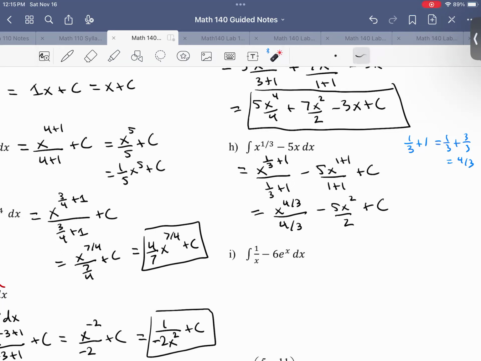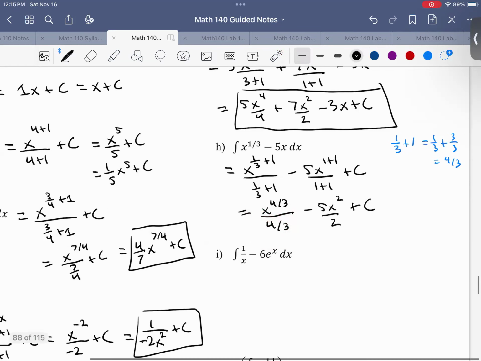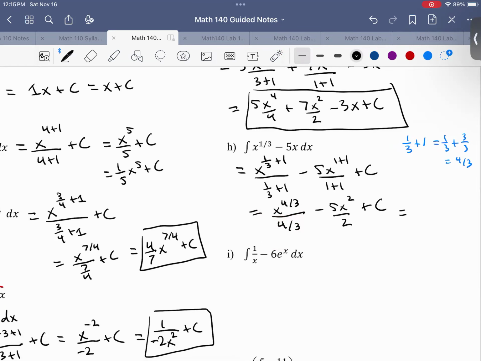Okay, so if we could clean this up, the 4/3 reciprocates up, it flips. So this becomes 3/4 x to the 4/3 minus 5 over 2x squared plus c. Hopefully that's legible.